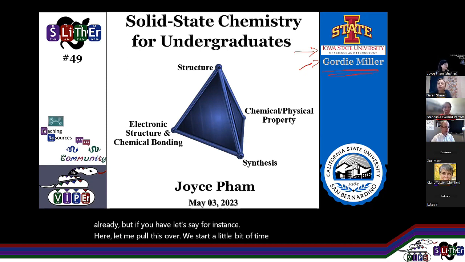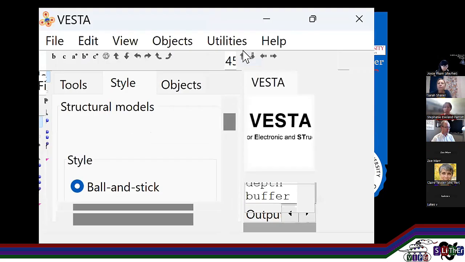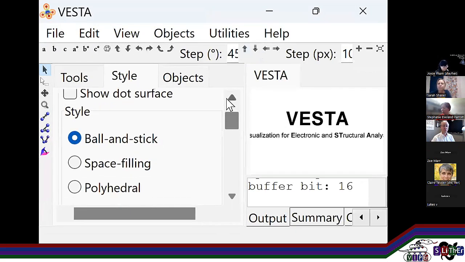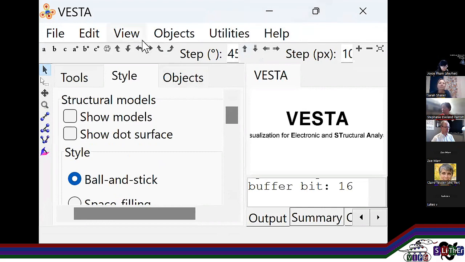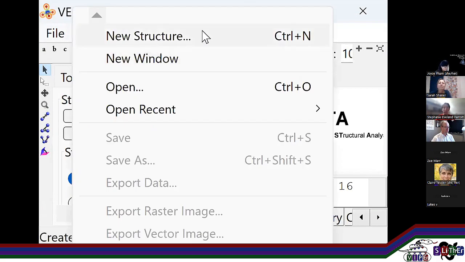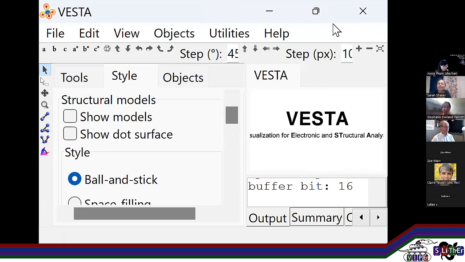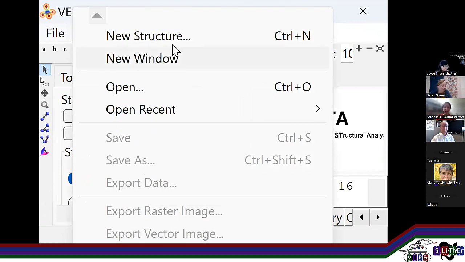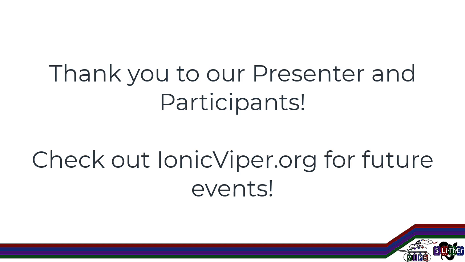So here's Vesta right here. Wow, this is really large. It's because this is a different screen that I'm using, but essentially you go in and create a new structure, and then you can visualize the structure right here. And the Vesta tutorial is already on YouTube. Great, very helpful. Thank you.